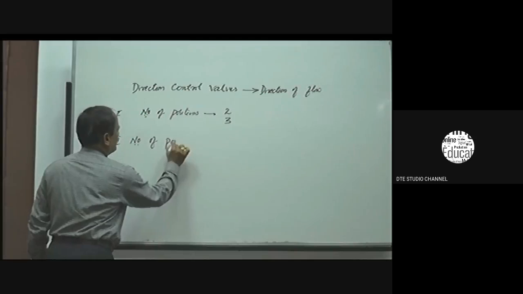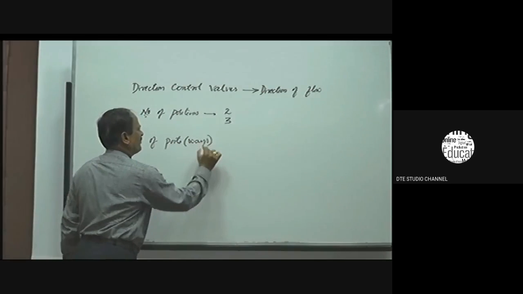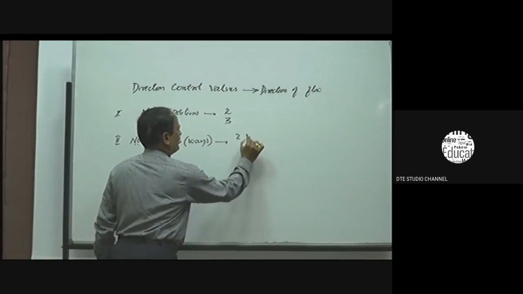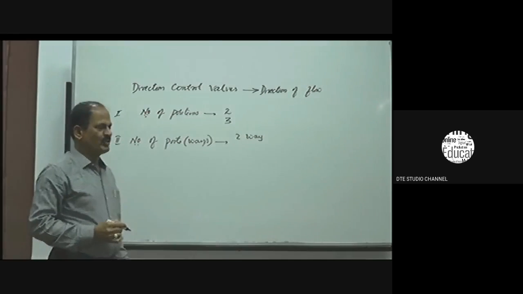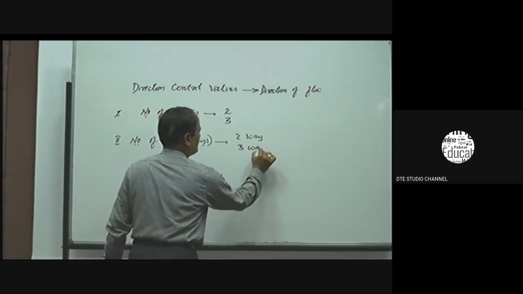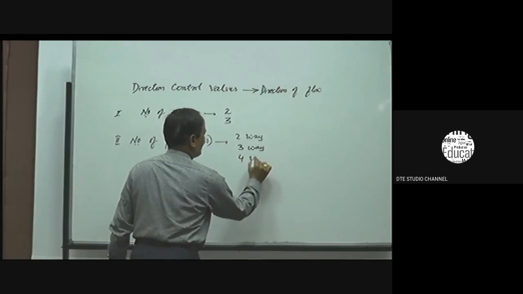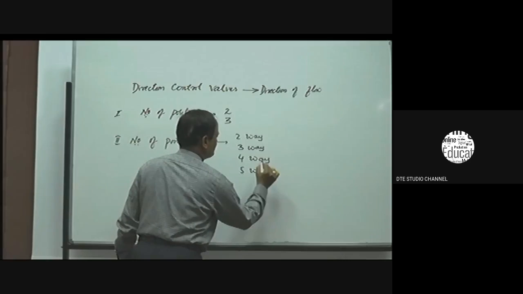Number of ports or number of ways. Two-way DC valve, which has two ports. Three-way DC valve, four-way DC valve, and five-way DC valve.